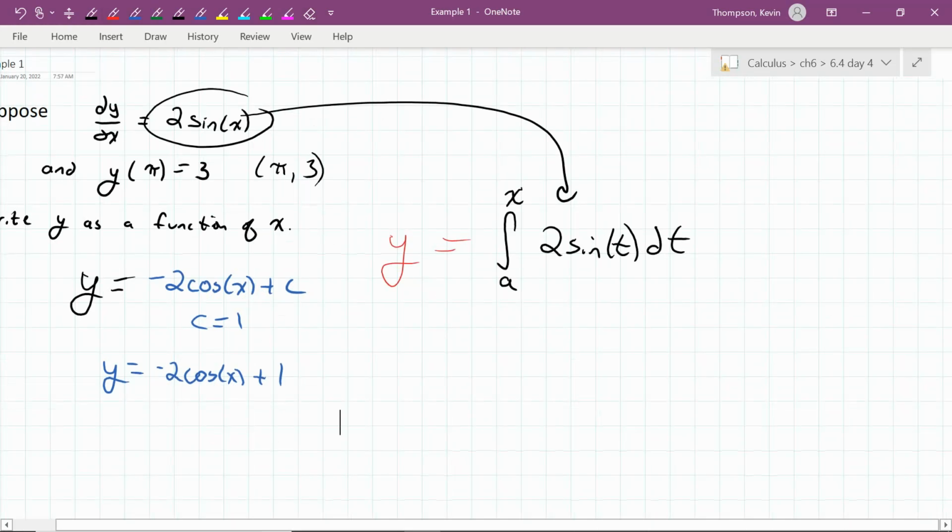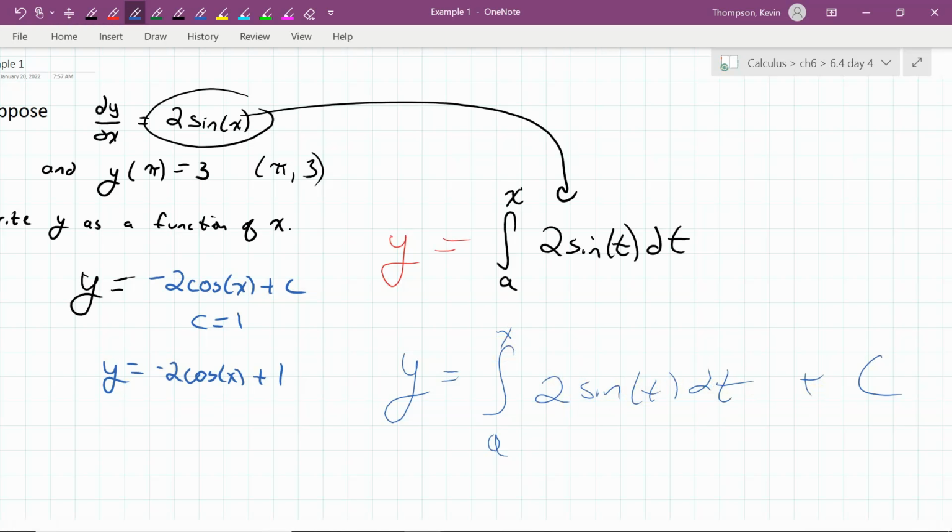So how about this? There should be some constant that I'm going to need to include. Okay? Now, it seems like there's too many things we don't know maybe at first. Right?